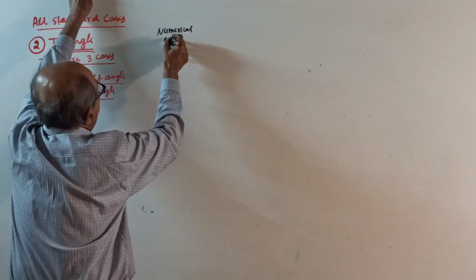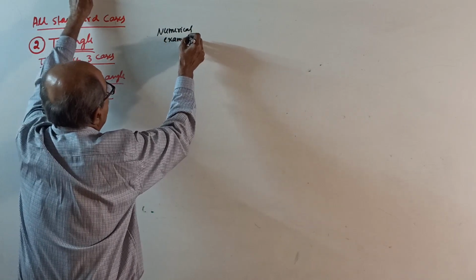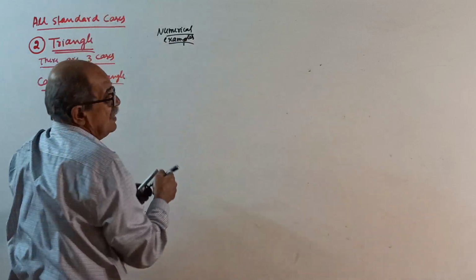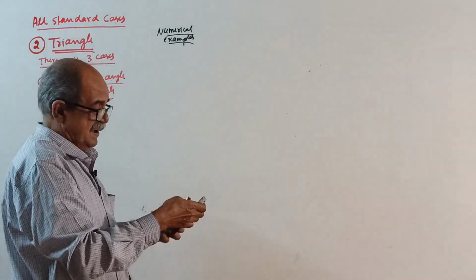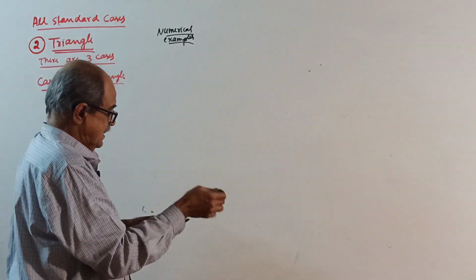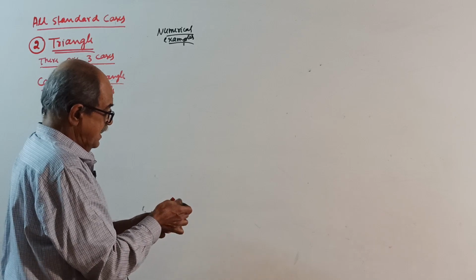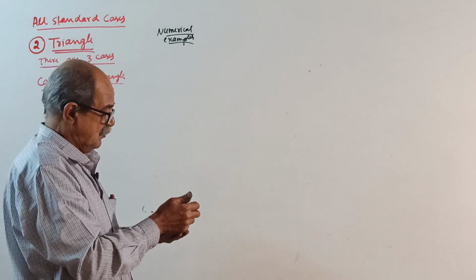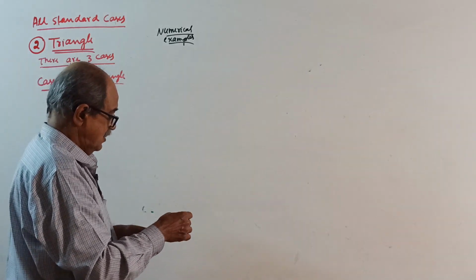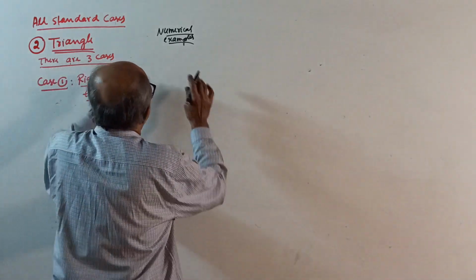As usual, I told you, for all the numerical examples, dimensions are in millimeter. Therefore, when you mark any distance, it is in millimeter. If you write area, it is in millimeter square, whereas moment of inertia is millimeter power 4. I won't waste time on those. You should know it.